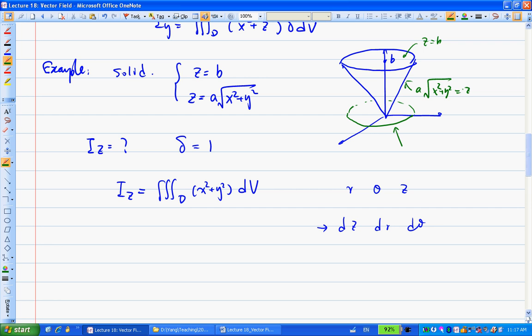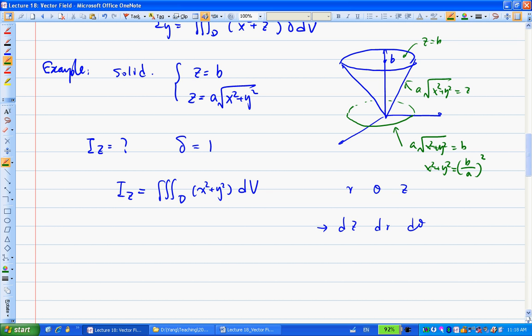So you basically let this quantity equal b. That gives us x squared plus y squared equals (b over a) squared.